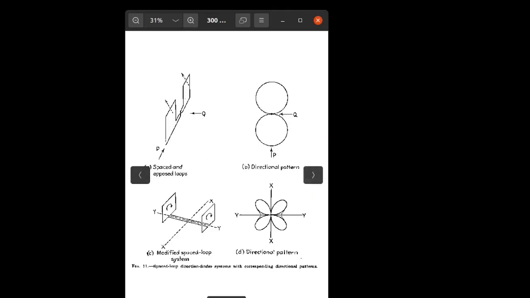We're moving on. Here we have two loops that are side to side or face to face, giving us characteristics such as this or this. These designs are probably not going to be found in the HF backyard antenna designs, but still they are available to you.